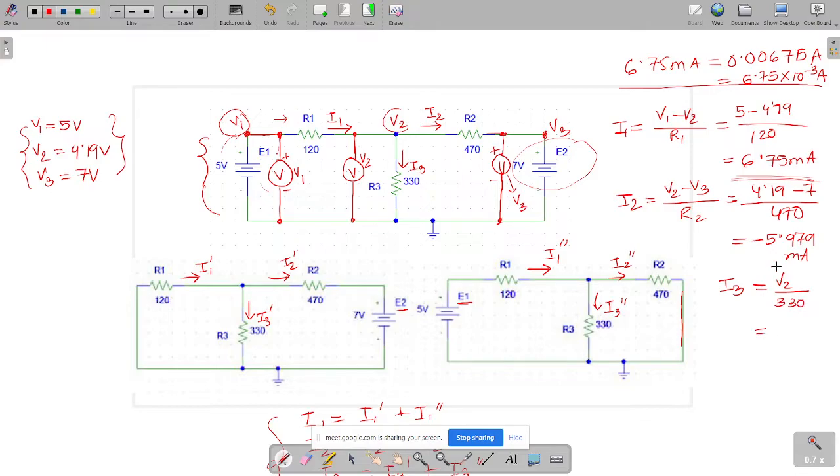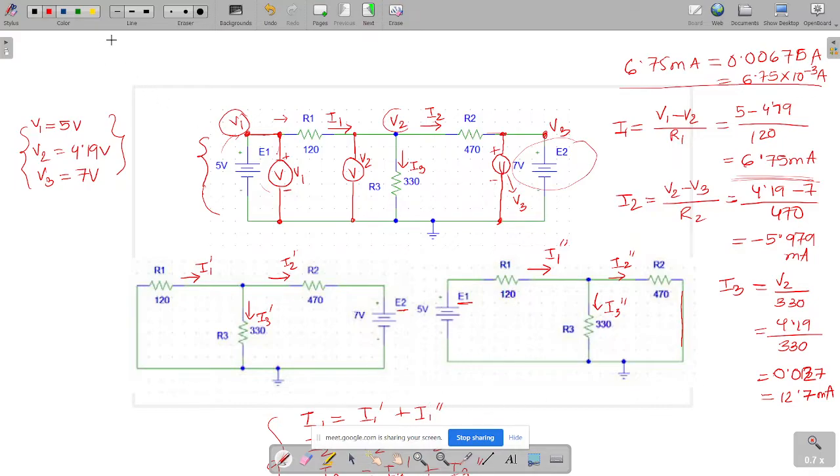So what is V2? 4.19 divided by 330, what do we get? 0.0127. Okay, so this is in ampere, right? We have to convert it to milliampere. So it will be 12.7 milliampere.